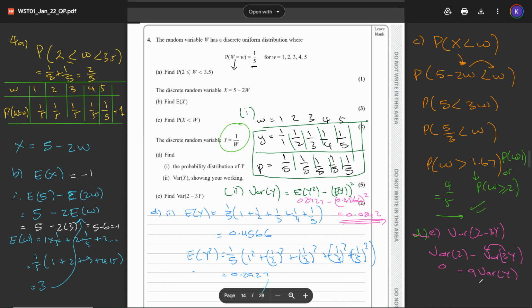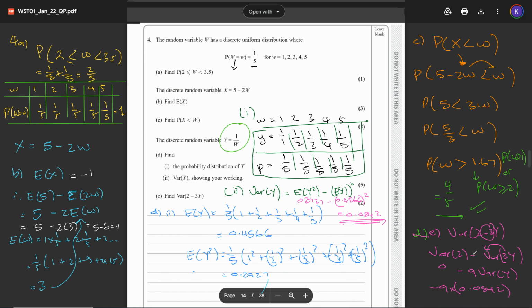And we've just calculated the variance of y. By the way, the -3 is going to become squared when we take it out.